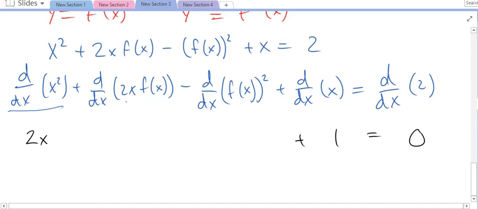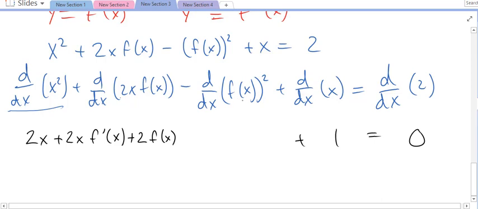And so this first one, we've got a product rule happening because we have 2x times f of x. So we can think of that 2x as a function times this f of x. If we leave the first alone and take the derivative of the second, we get 2x times f prime of x. And then we'll add what we get when we take the derivative of 2x, which would be 2, and leave f of x alone.